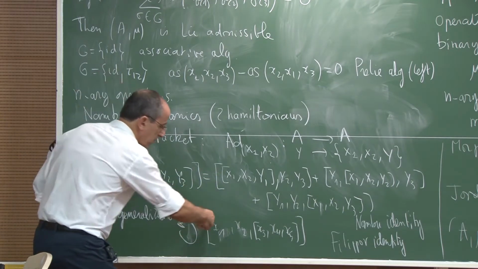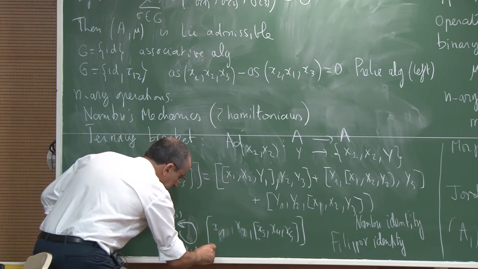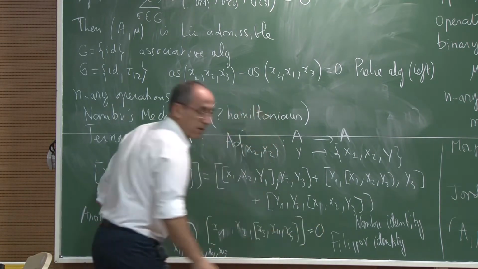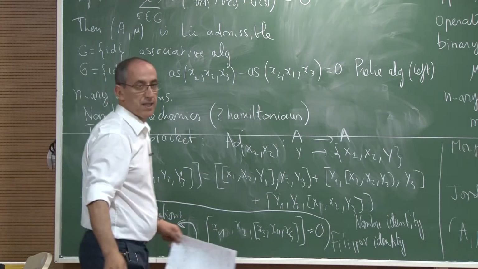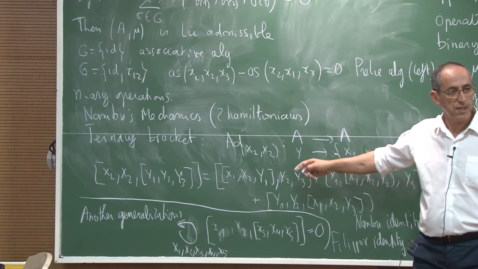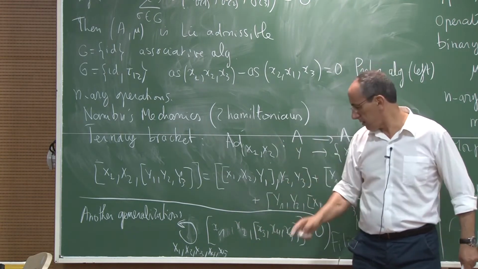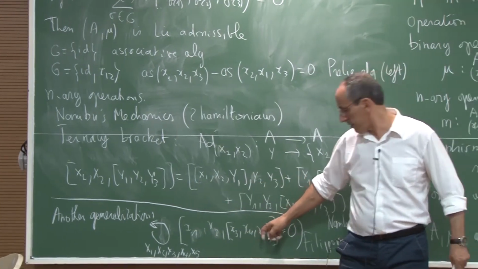I take the cyclic permutation of these 5 elements x1, x2, x3, x4, x5, and this is equal to 0. This is another possibility for generalizing the algebra, because this Jacobi condition, you can view as saying that adjoint is a derivation, but you can also view it as a cyclic summation, a sum of cyclic permutations of the elements involved here.